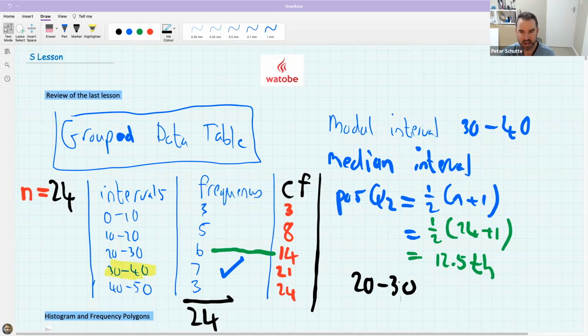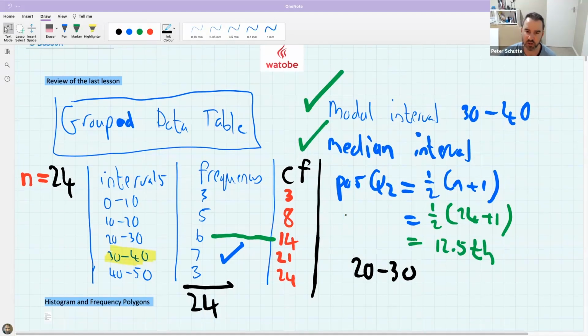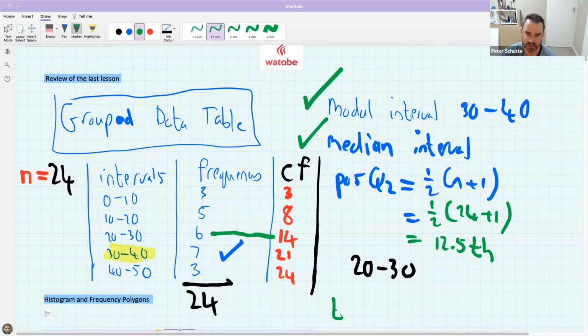All right, now, the measures of central tendency, or where the middle is, for a grouped data table: we have the modal interval, we have the median interval, and we also spoke about in the last lesson how to find the estimated mean. What we did was use our calculators. I would encourage you to look at the last half of the last lesson.